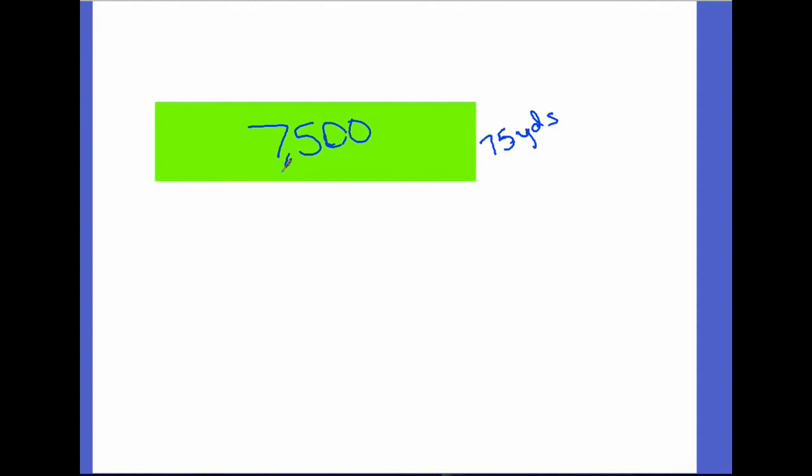Well, they were pretty nice to you. They didn't make you divide it out because I see the number 75 in there. How can I solve to find the other side? Times it by 100? Okay. So that must mean this side's 100.